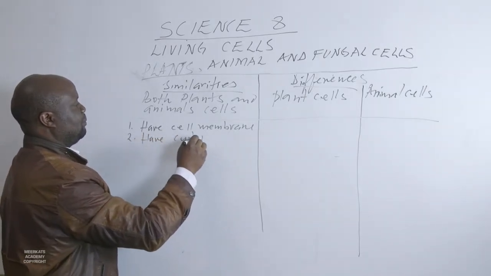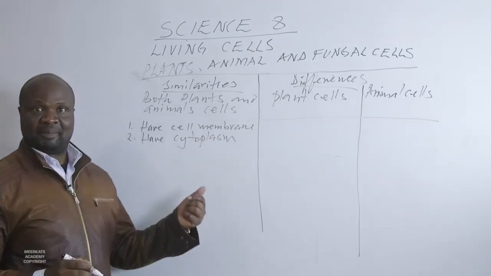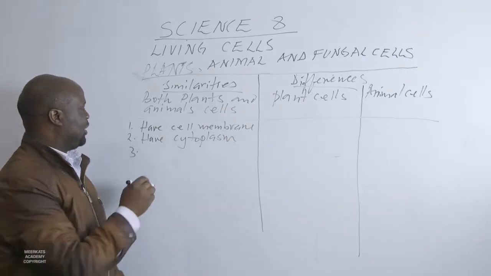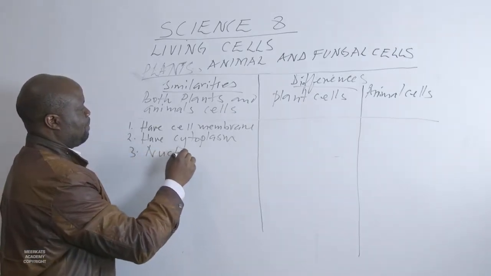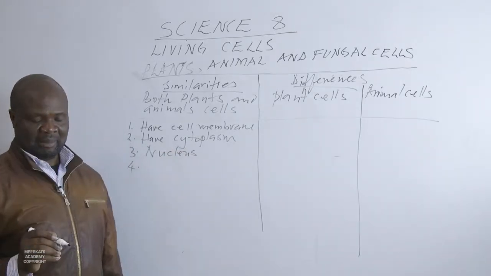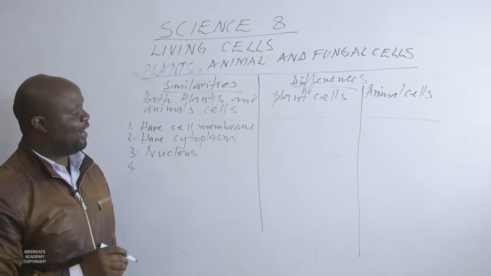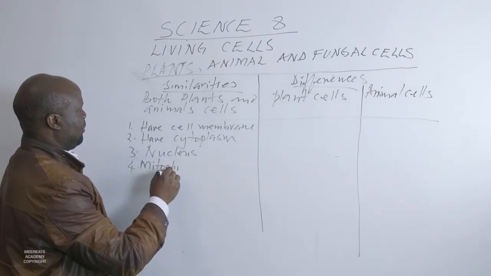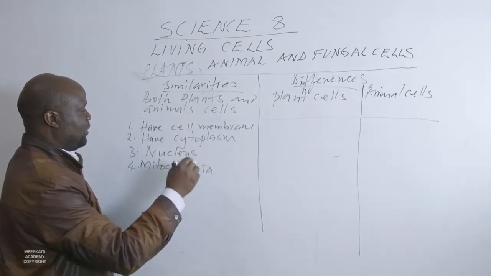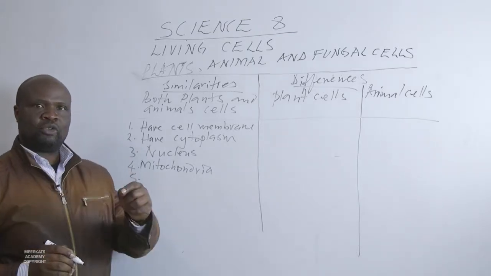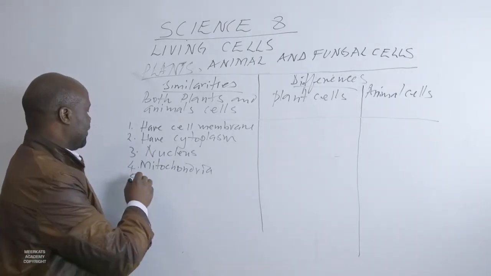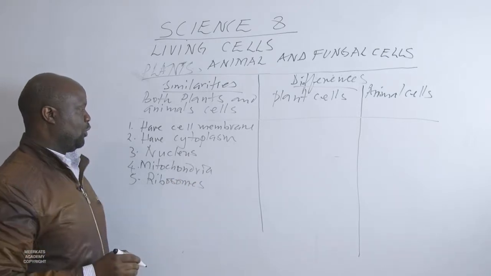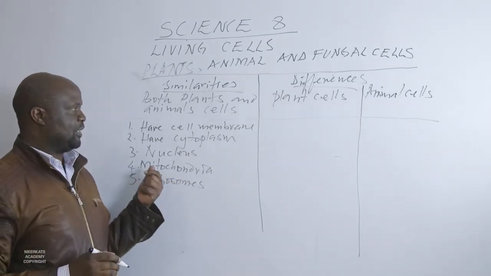Number three, another similarity: both cells, whether it's a plant cell or an animal cell, have a nucleus. Similarity number four: both have mitochondria. Then similarity number five: both have ribosomes. So we have tried to list some of the similarities.